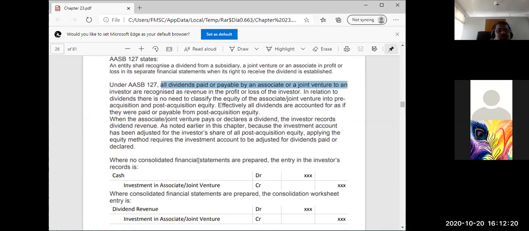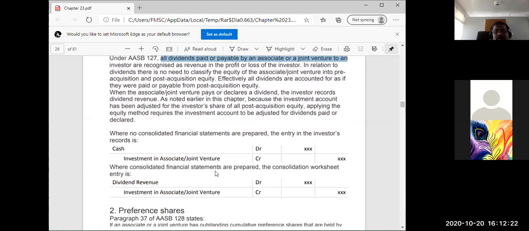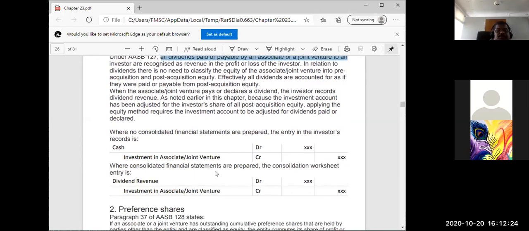The entry the investor records, remember this very clearly, where no consolidated financial statement, that means individual investor's financial statement only, not the consolidated. Then of course the journal entry for dividend is this, you have to remember very clearly: cash account debit, investment in associate, joint venture credit.